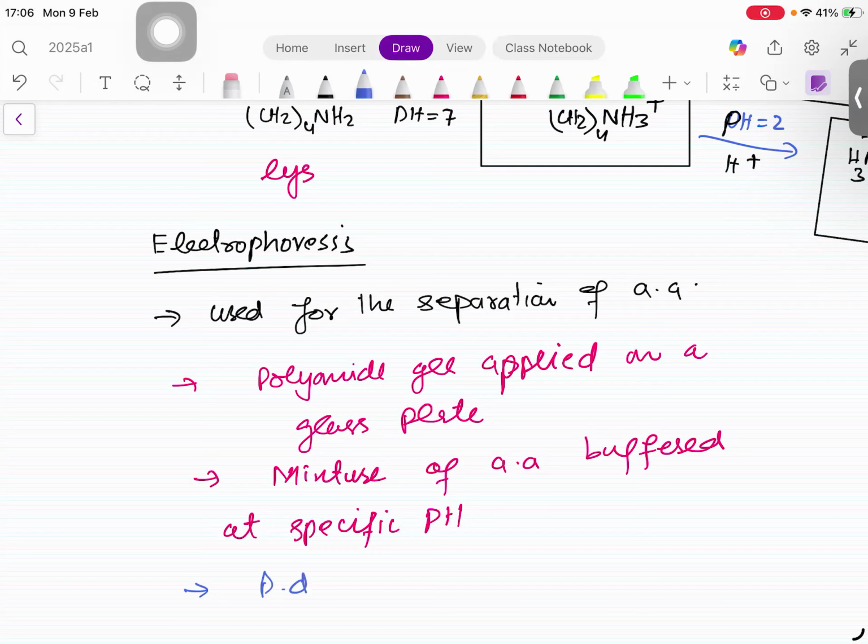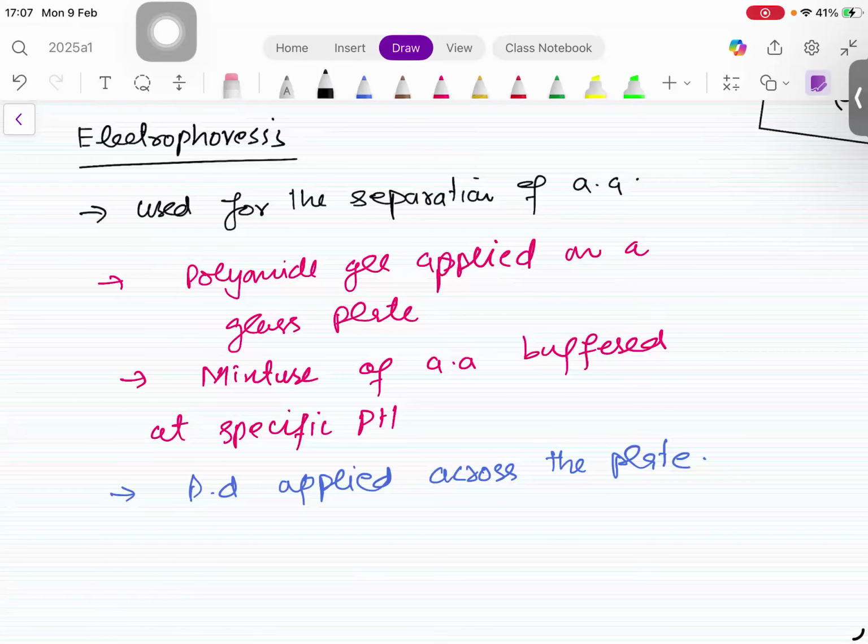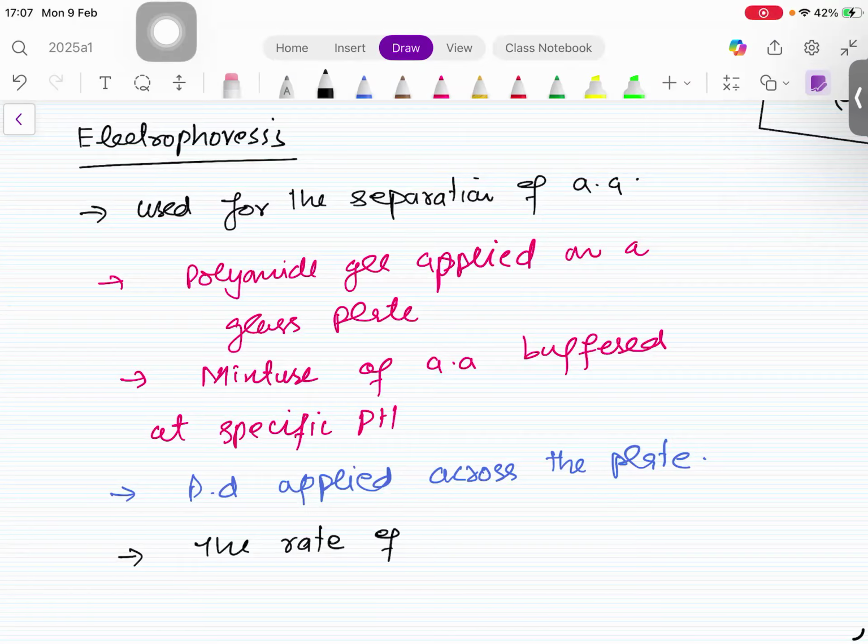Potential difference applied across the plate. The rate of movement of amino acids. The amino acids move to the respective electrodes.